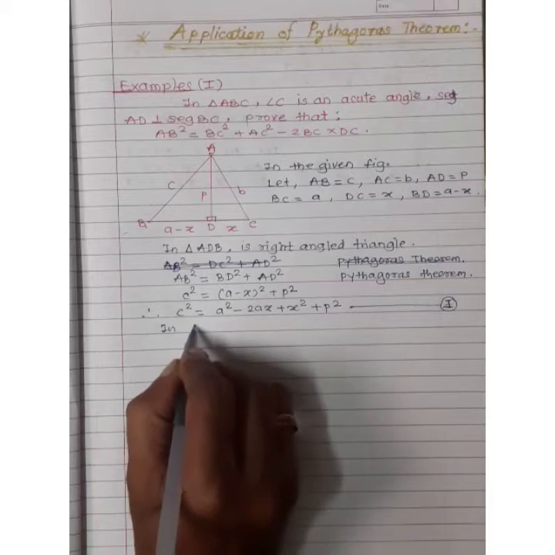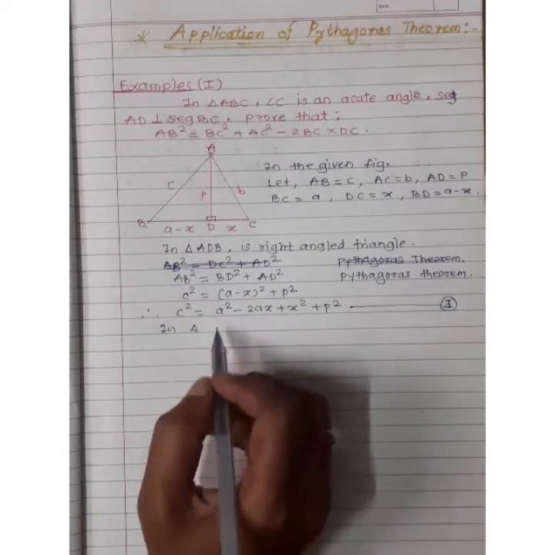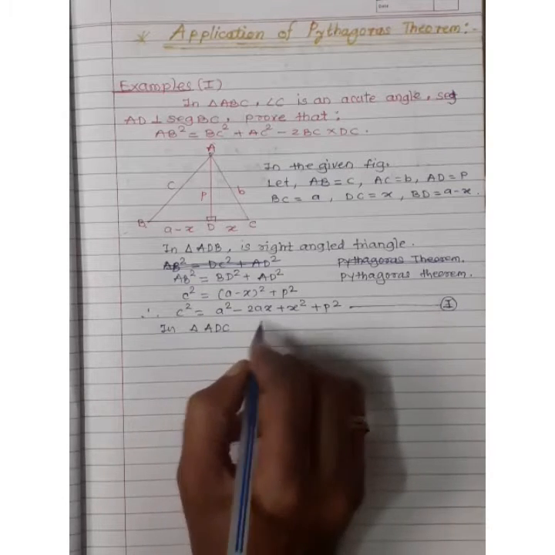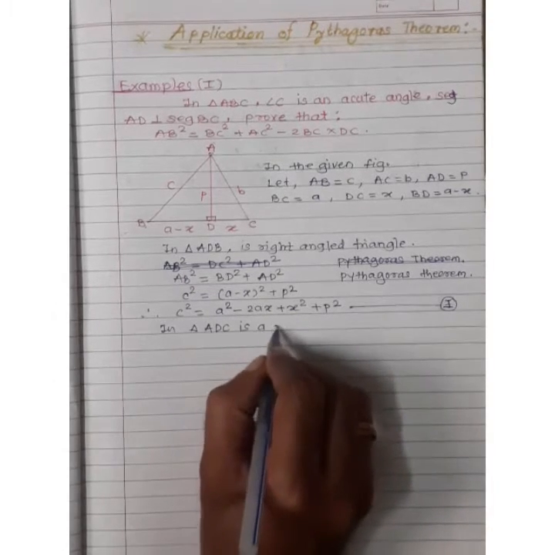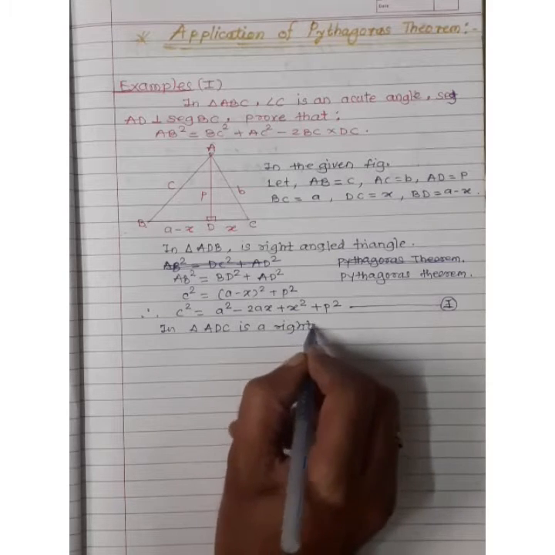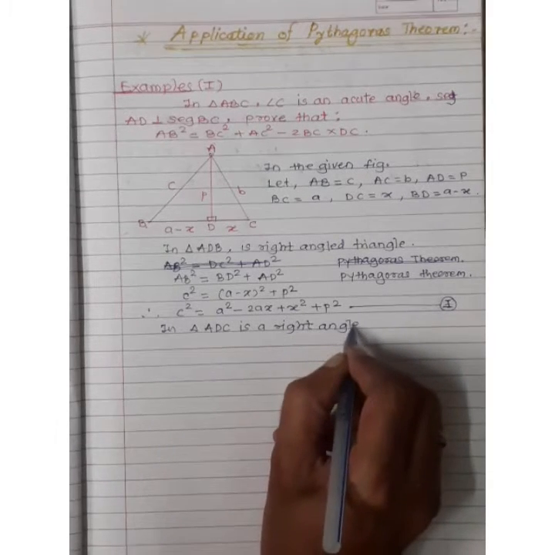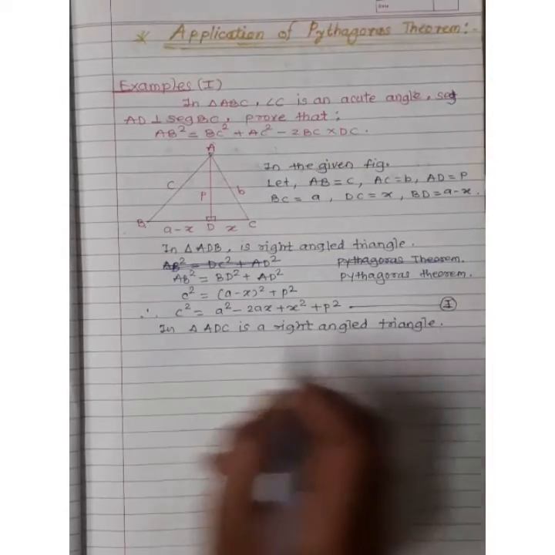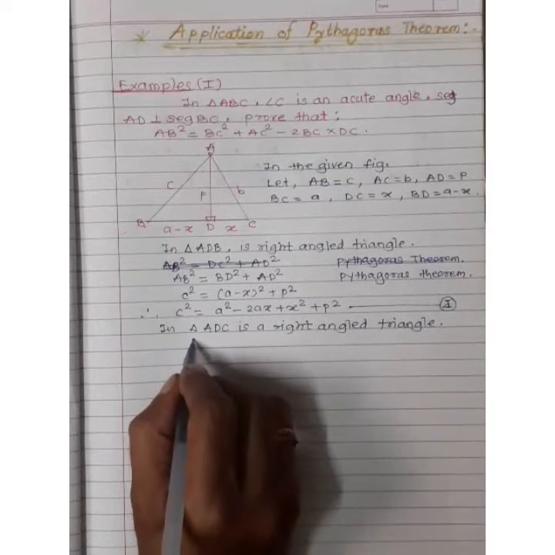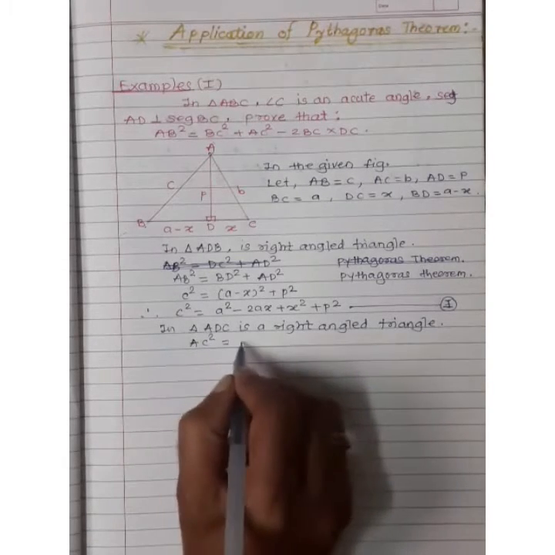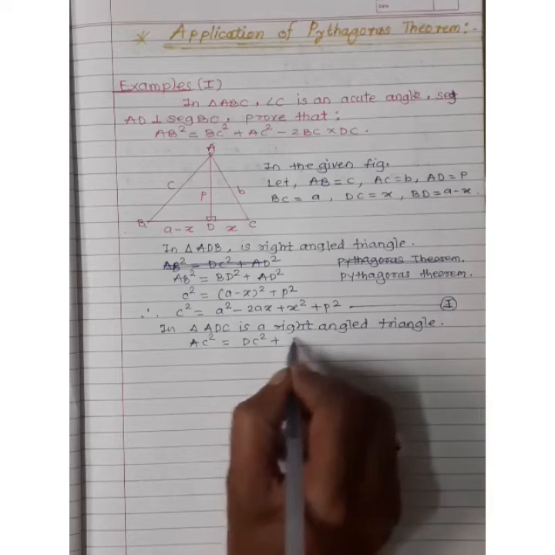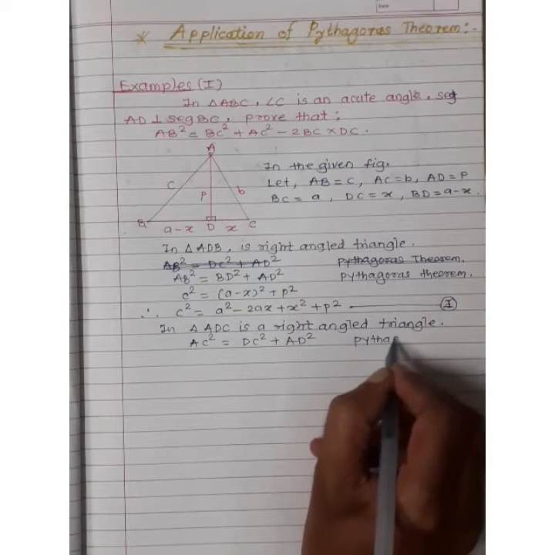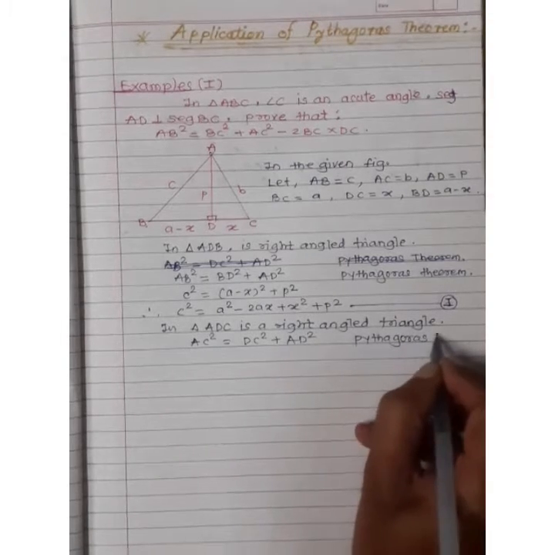In triangle ADC, which is a right angle triangle, hypotenuse square, AC square, is equal to DC square plus AD square, by Pythagoras theorem.